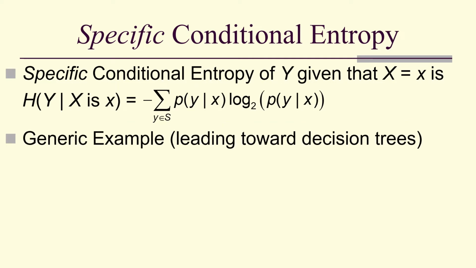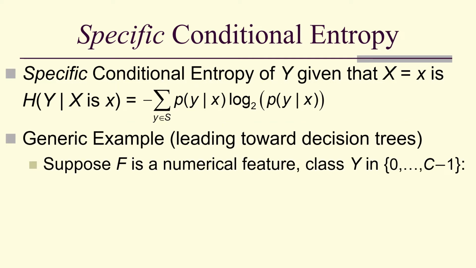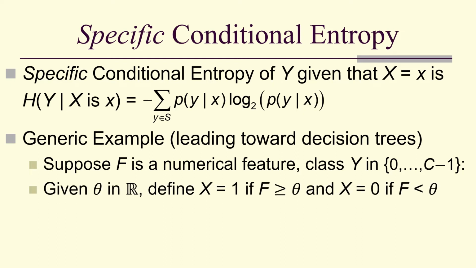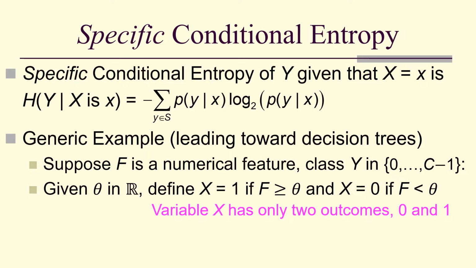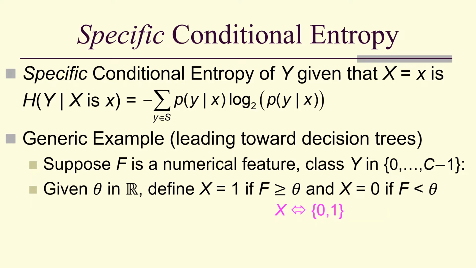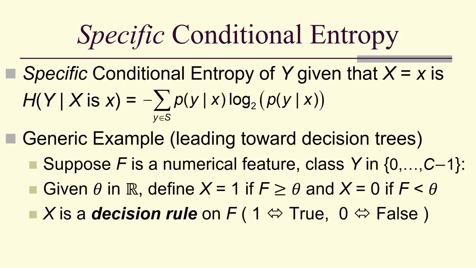Let's get an example. Suppose F is a numerical feature and Y is in a set of labels 0 to C minus 1. Given some theta in R, we define X equals 1 if F is greater than or equal to theta and X equals 0 if F is less than theta. In other words, variable X has only two outcomes, 0 and 1. It's associated with the set {0, 1}.